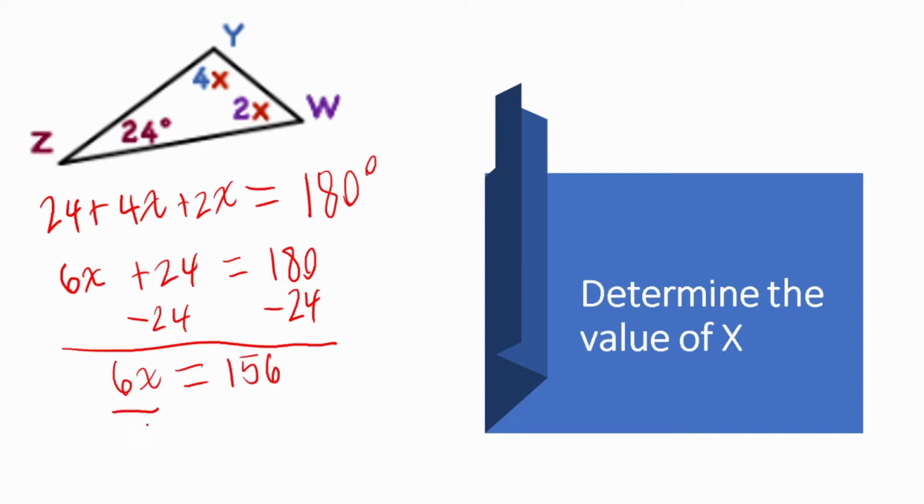And now all we have to do is divide by 6 on both sides. I'll go to my trusty dusty calculator. 156 divided by 6 is going to give me 26. So we get x equals 26. And there is our answer.